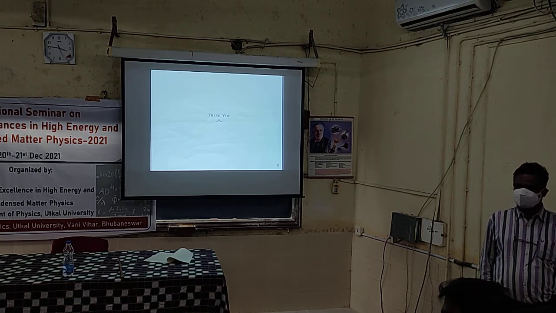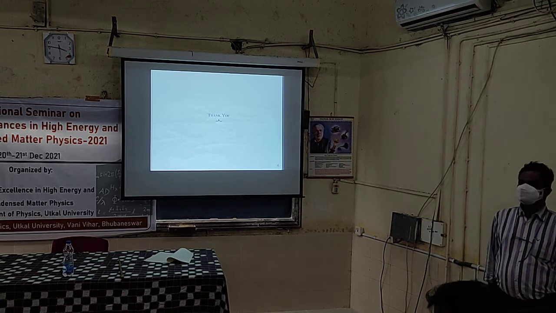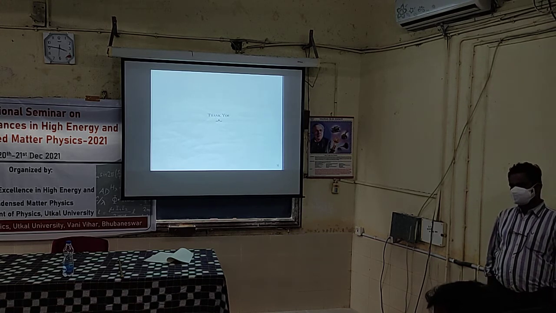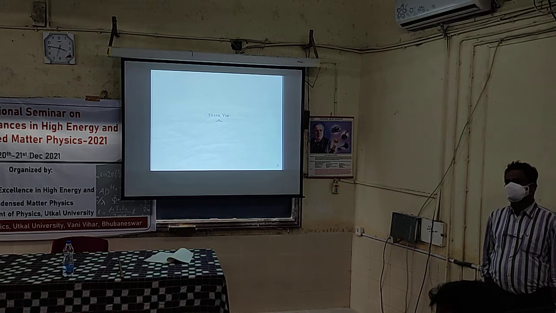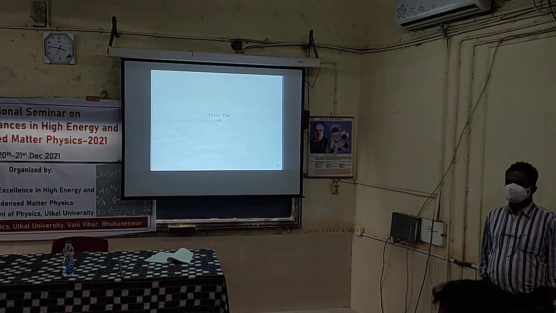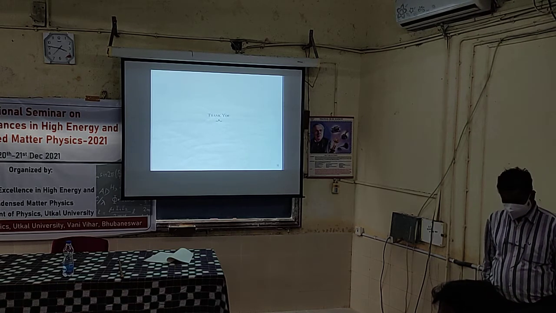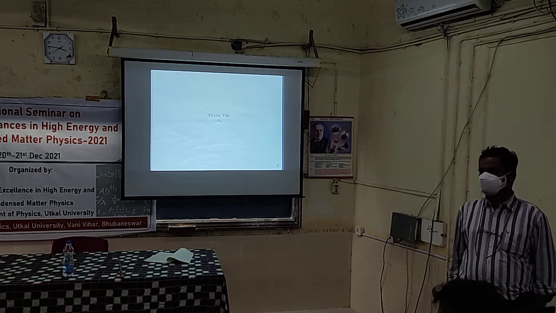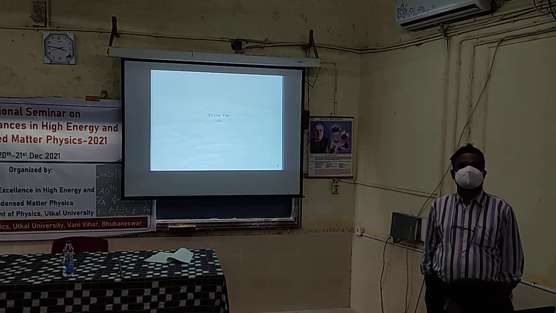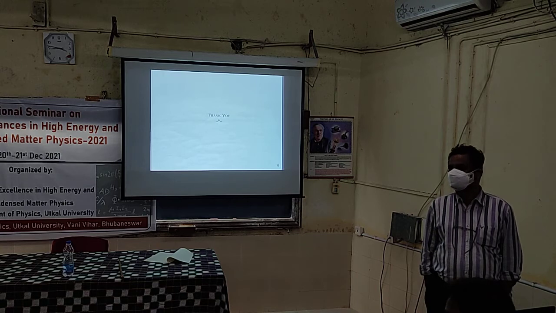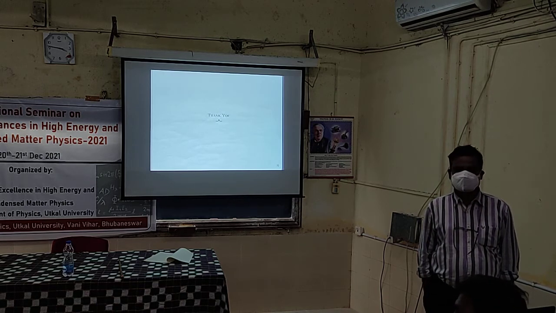Those stars which have a quark matter core and a neutron matter crust we call a hybrid star. It's just a notation. A neutron star with a quark matter core is called a hybrid star. These are called compact stars.